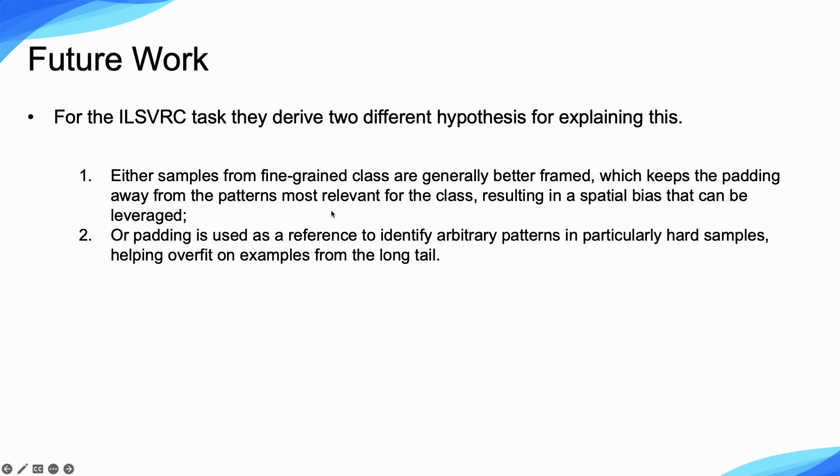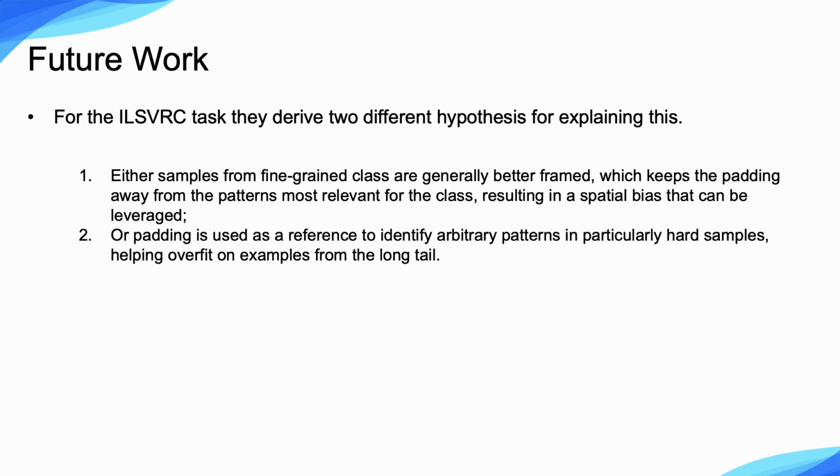And future works. For the ILSVRC test, they derived two different hypotheses to explain this. First, samples from fine-grained classes are generally better framed, which keeps the padding away from the pattern most relevant for the class, resulting in a spatial bias that can be leveraged.